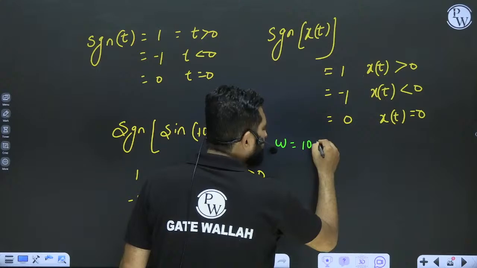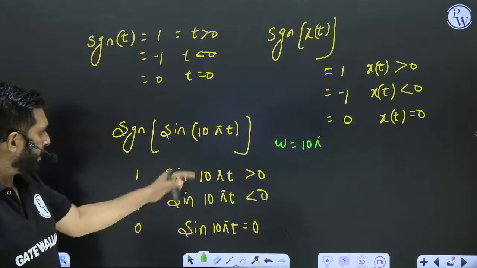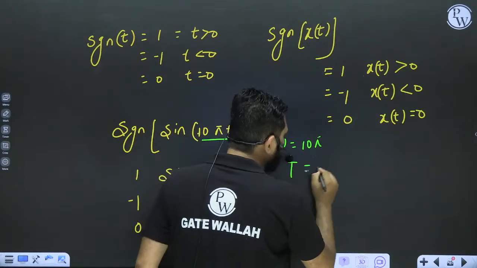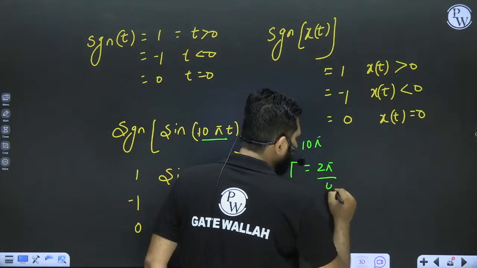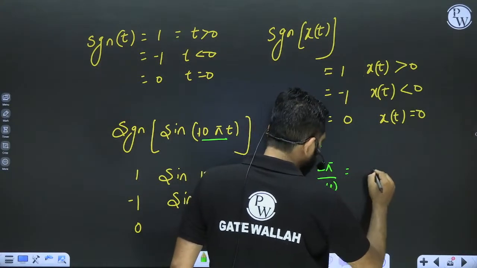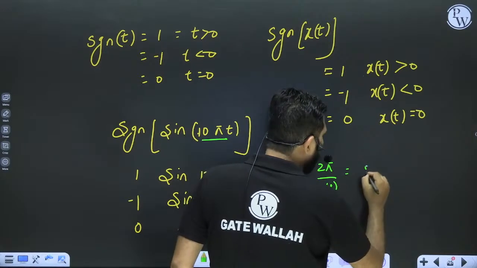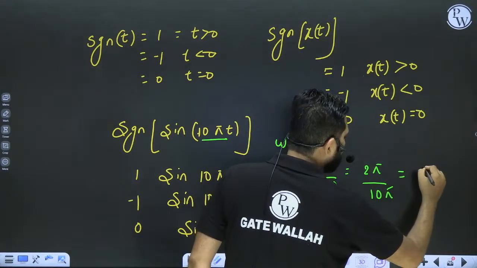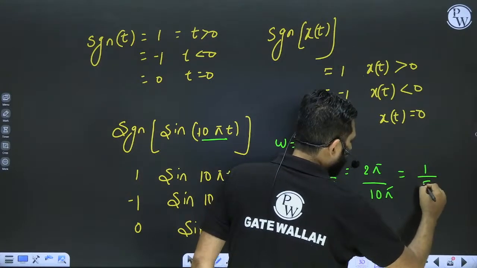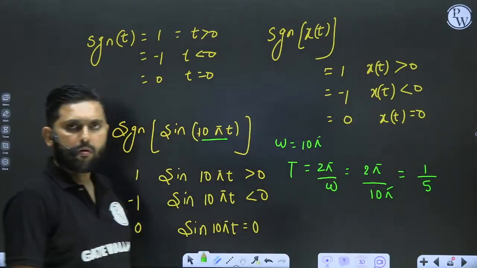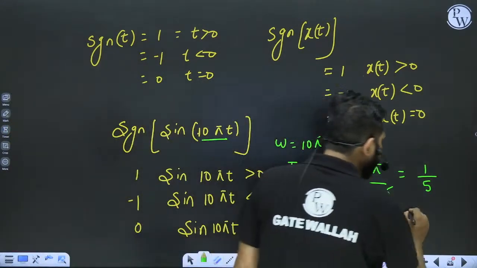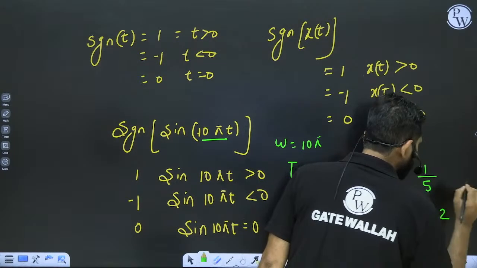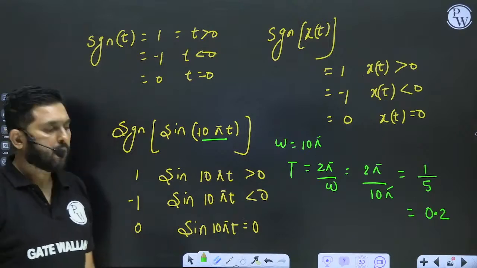Those who don't know, just take it as a fact. This value is omega, sine omega t. So this means that T is 2 pi by omega, which is 2 pi by 10 pi, or 1 by 5, which is 0.2.